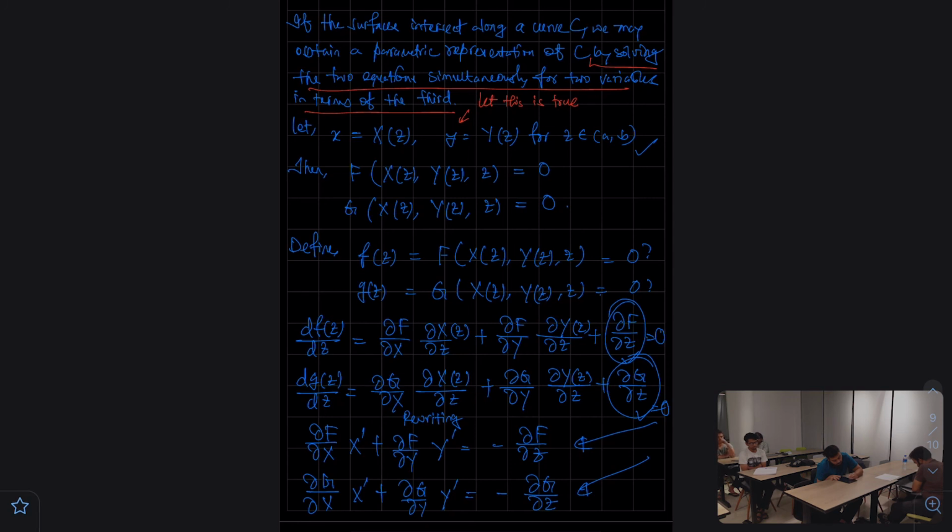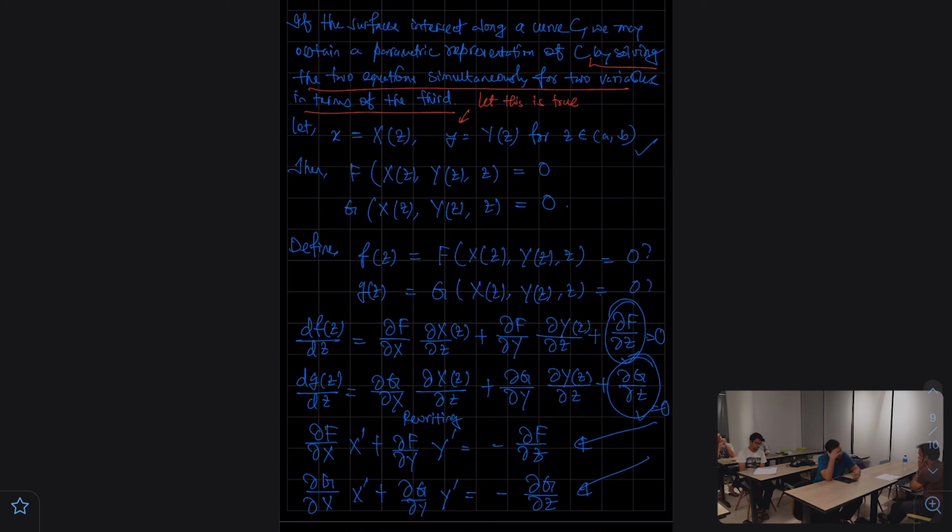It doesn't have to be identically zero. It's not a trivial function. What I'm saying is that it can be a non-trivial function of z, and you can solve those two equations simultaneously. Now that's a very constrained equation. Solving two equations in one variable. It's on the curve. Is there a chance that you'll get overdetermined?